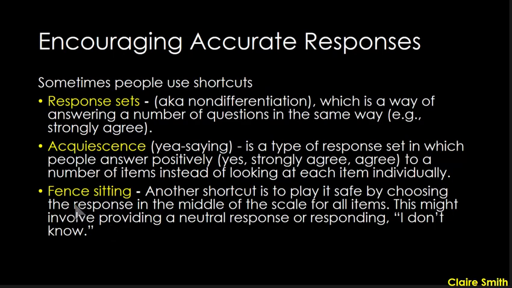Obviously, these are all not good things. You don't want people to just have a response set and not actually read through the questions or give meaningful responses. This can really weaken the construct validity because people aren't actually saying what they think. They're just answering a certain way to get the survey over with.